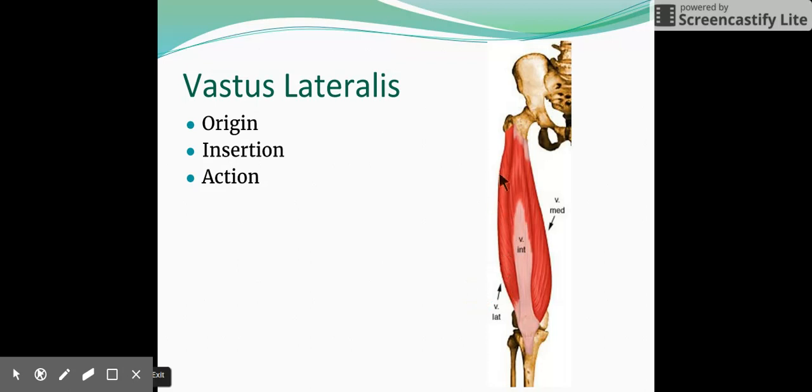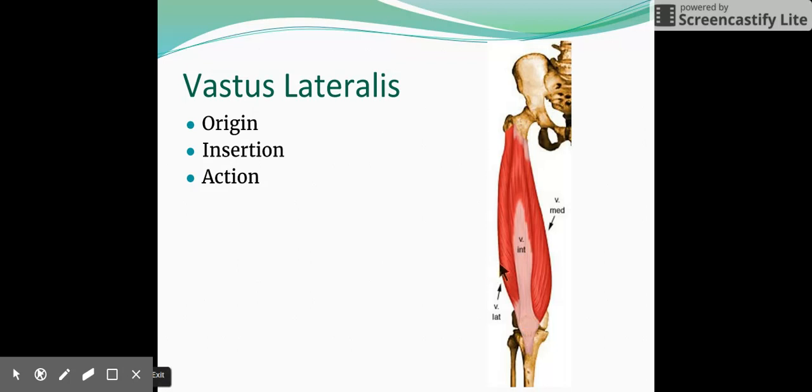This muscle is what makes the outside of the front of your thigh, and its origin is the femur, and its insertion point is at the base of the patella right here, and it also comes down and hooks up right here to the patella.